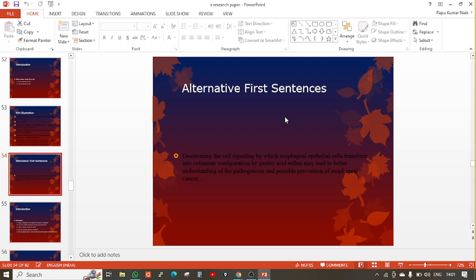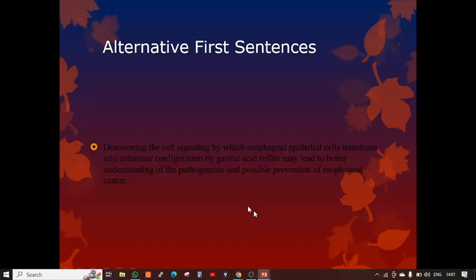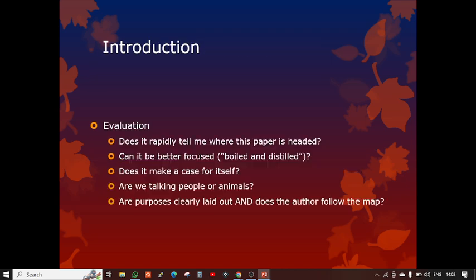This kind of sentence you can use for that. This is one example of a first sentence. In this type of sentence you can use in your scientific paper, so that readers can be attracted and read your research paper.